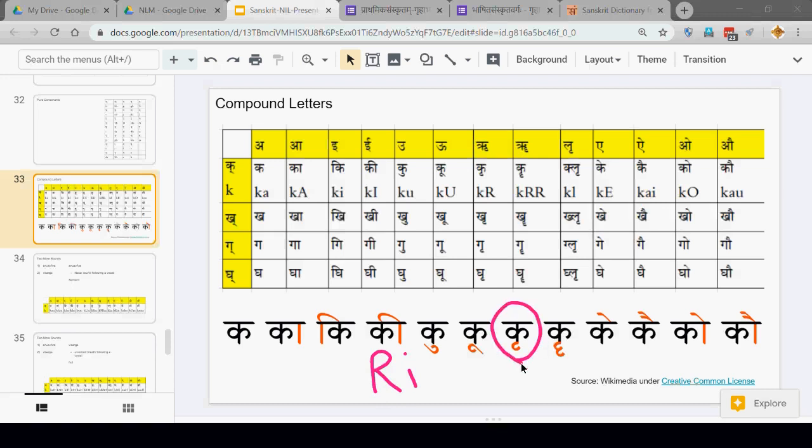This is not ri actually. This is not kri. We should not add that e sound at the end. This is the vowel ru sound. Kru.